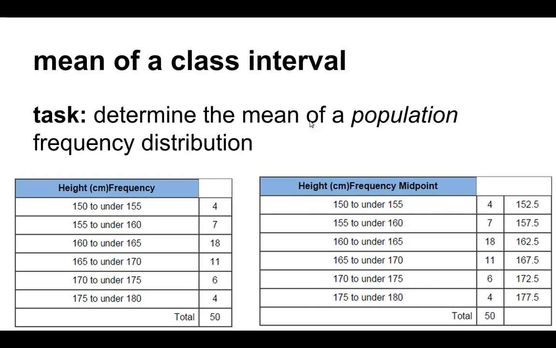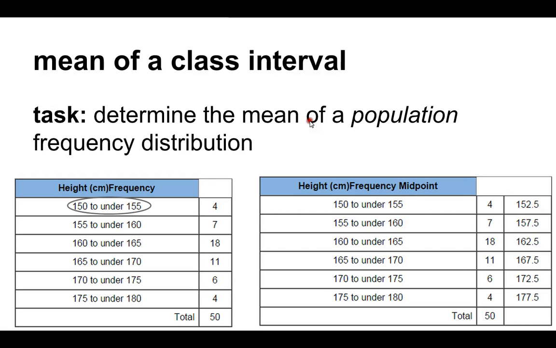Now, when we are trying to figure out a mean, we don't know the individual data points in these cases. So what we have to do is take an aggregate. In the case of 150 to 155 centimeters, we take the lower limit and the upper limit of the class. We sum those two together, divide by 2, and we get the midpoint.